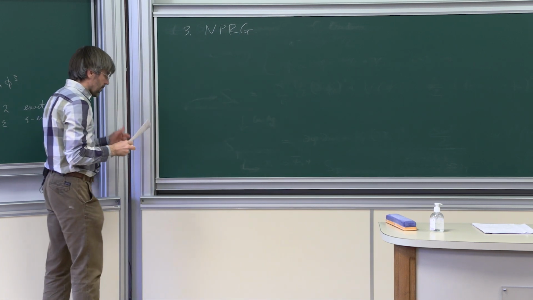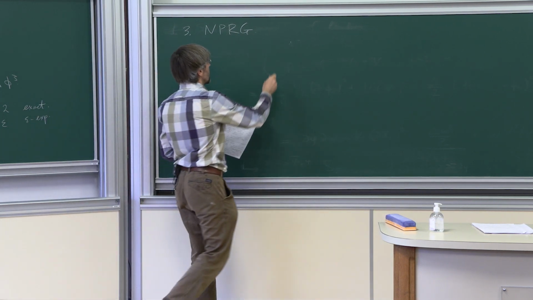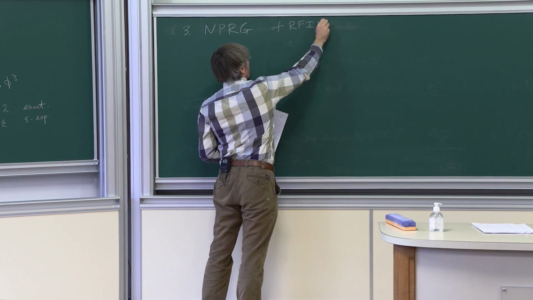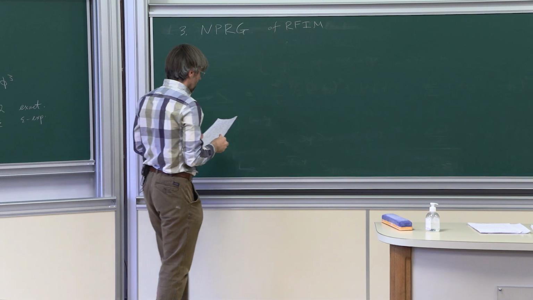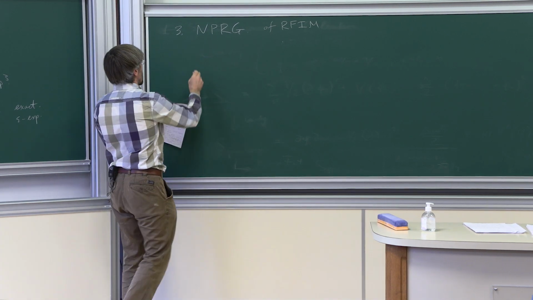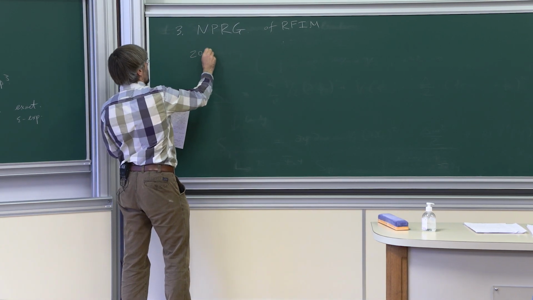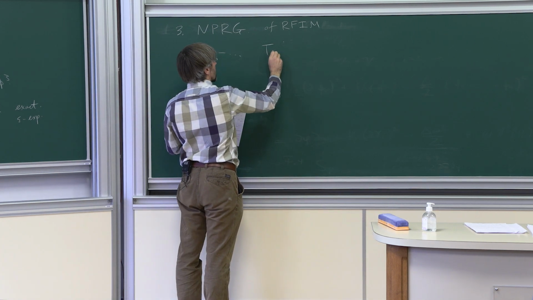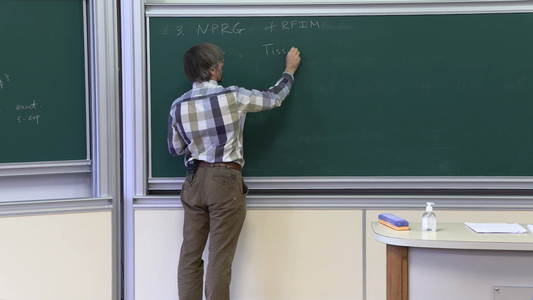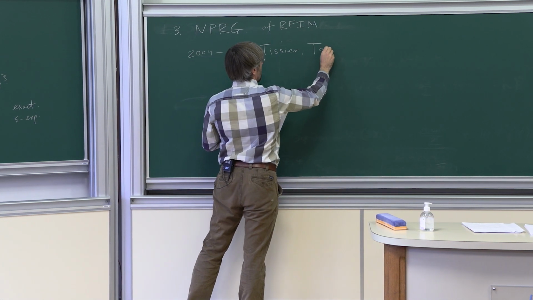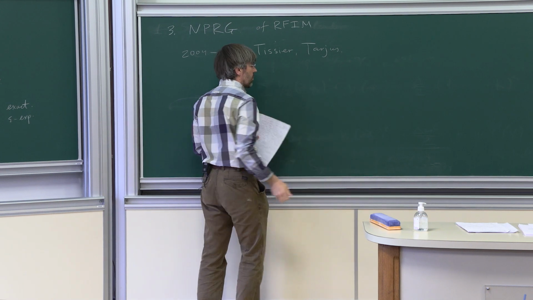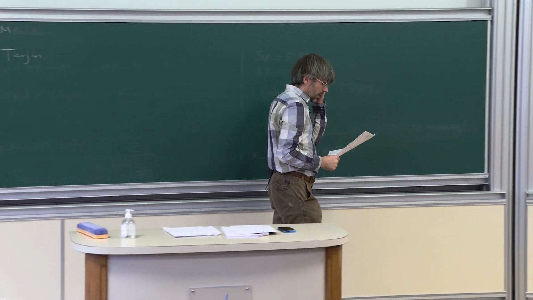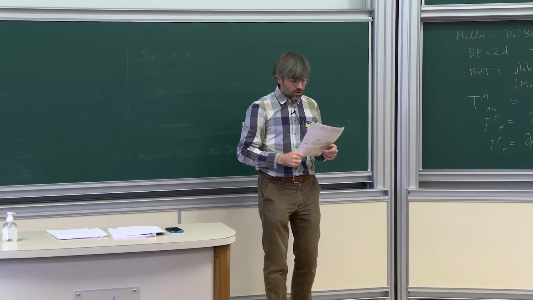So let's go back to the random field Ising model. And in many papers starting from 2004, there was a work by Tissier and Tarjus who applied non-perturbative RG to the random field Ising model. Now, what does it mean, non-perturbative RG?